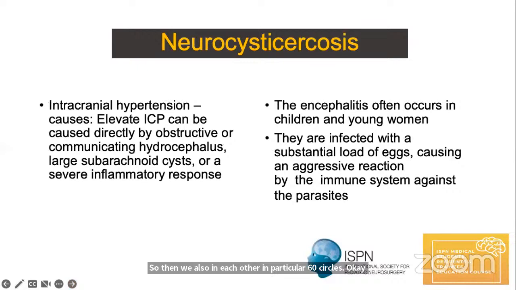Intracranial hypertension causes: elevated intracranial pressure can be caused directly by obstructive or communicating hydrocephalus, a large subarachnoid cyst, or a severe inflammatory response. The encephalitis often occurs in children and young women. They are infected with a substantial load of eggs, causing an aggressive reaction by the immune system against the parasites.